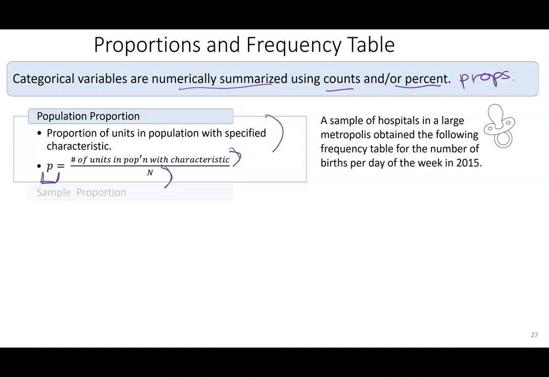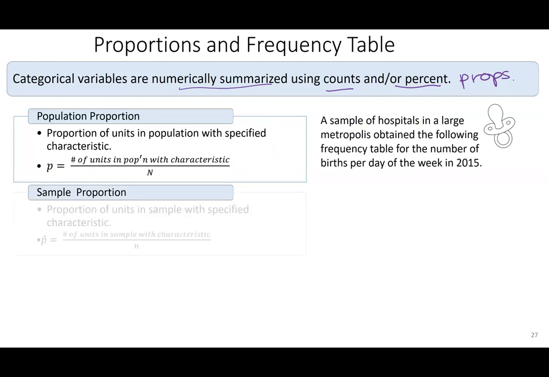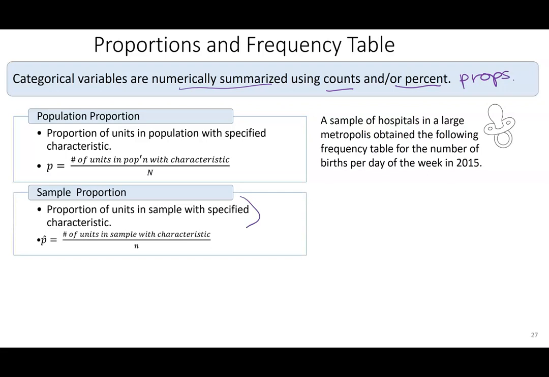Now if we have a sample, because often we don't have access to population data, it's going to be the proportion of units in the sample that have that specified characteristic. So the numerator is now the number of units in the sample that have the characteristic divided by the number in the sample.